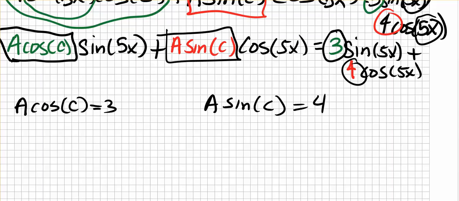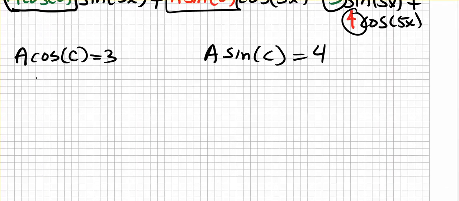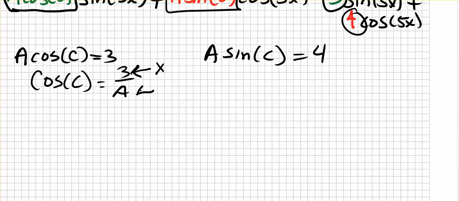At this point, we can solve for our cosine function. So we have the cosine of c is equal to 3 over a. And if we think about this, when we first learned about circles and the cosine function, this right here was the x term, and this right here was the hypotenuse, or the radius of our circle.